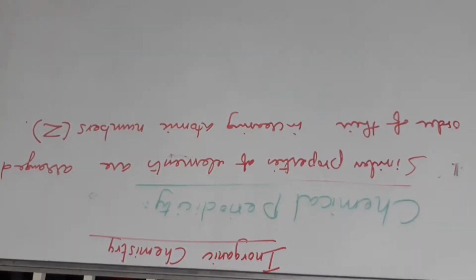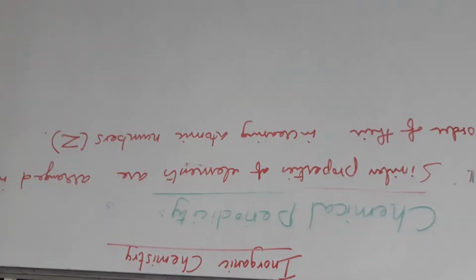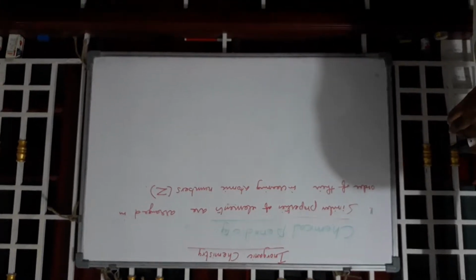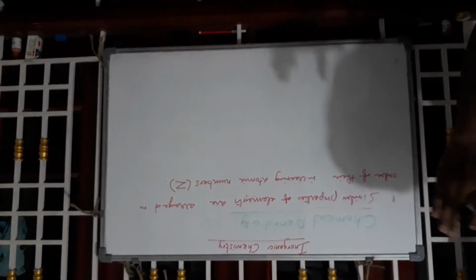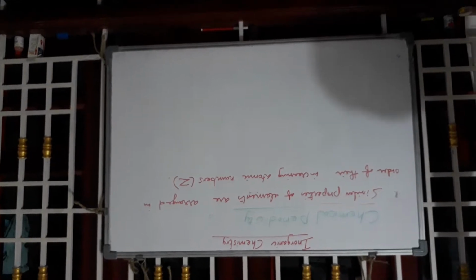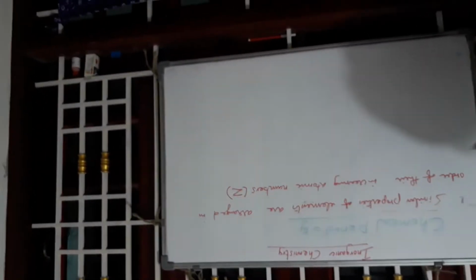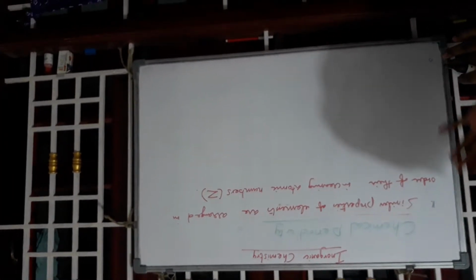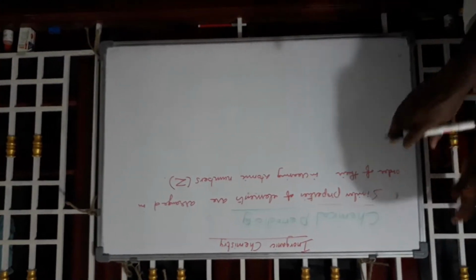So the definition: similar properties of elements arranged in order of their increasing atomic number. Previously, I'm not talking about applying the Mendeleev period, whose definition is based on mass number, but I'm not going to go into detail about that one.